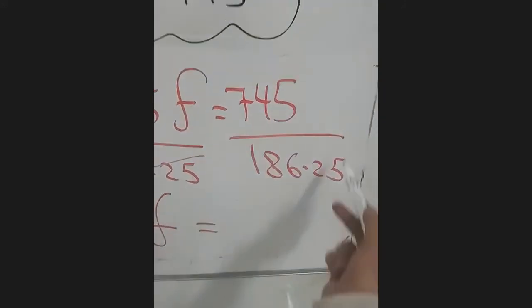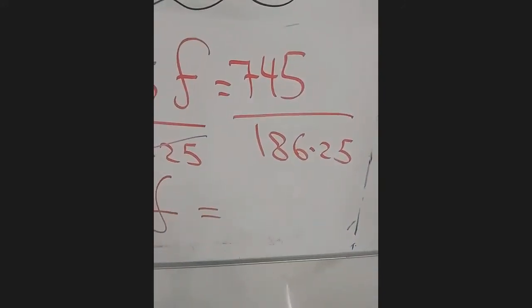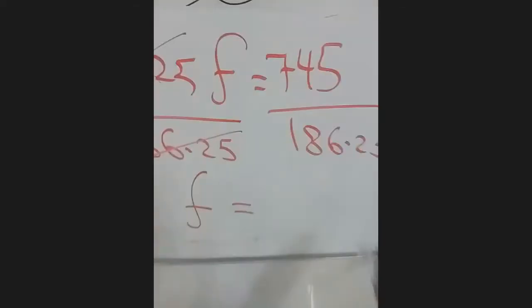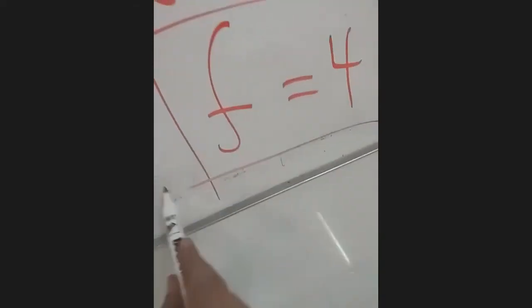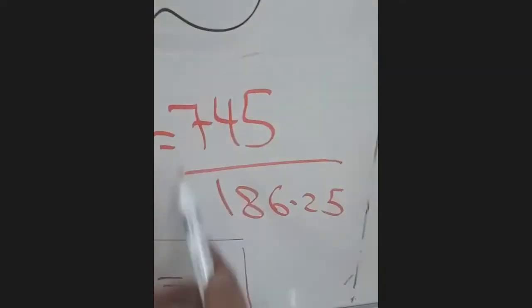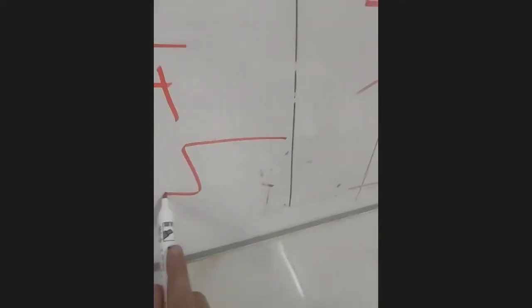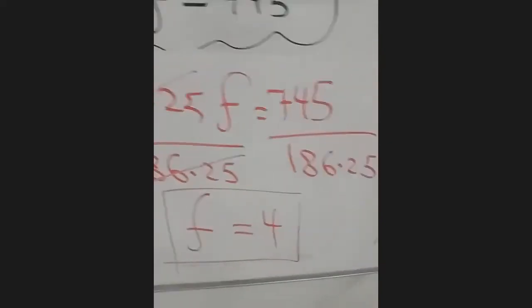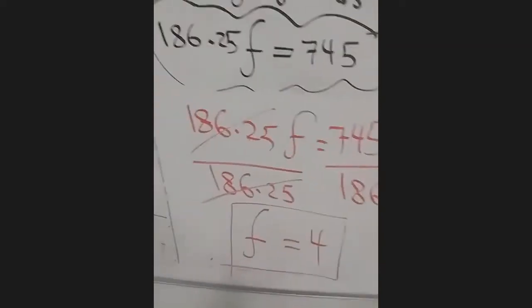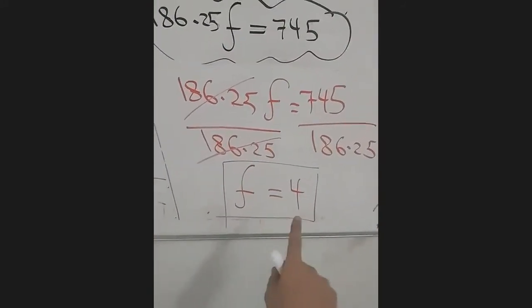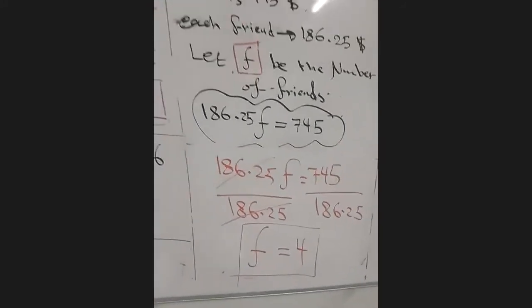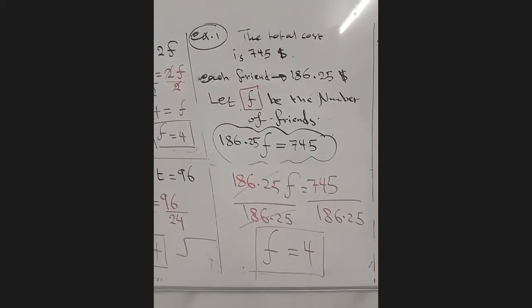We will divide. The answer will be 4. Don't ask me how we divide, make a long division, okay? So how many friends are in this situation? How many friends do we have? 4 friends.